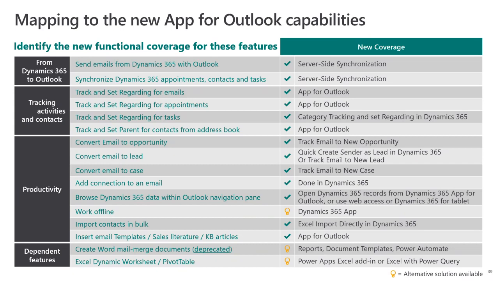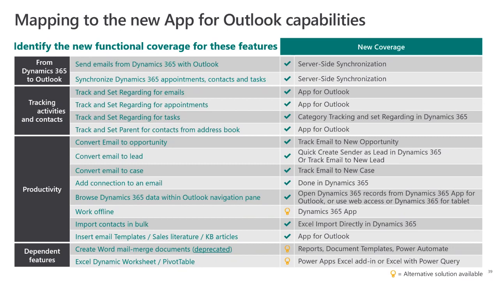But we'll discuss that later. We also have plans and current work to make that work also on the Windows 10 tablet application. To import contacts in bulk, you can use the standard Excel import feature in Dynamics 365. To insert email templates, sales literature, and KB articles, this is native with the app for Outlook.